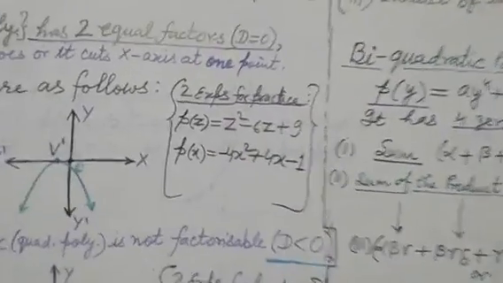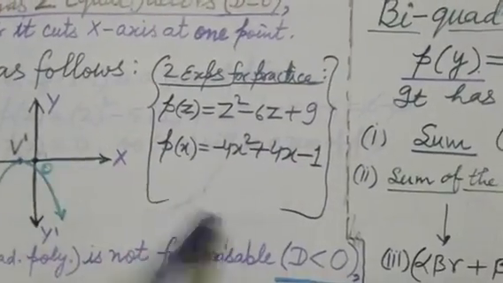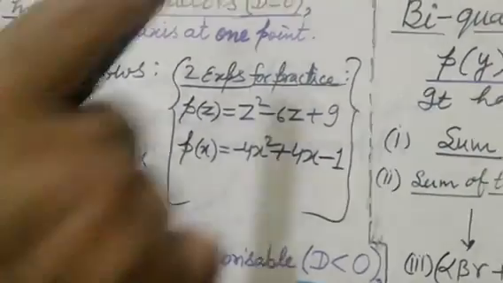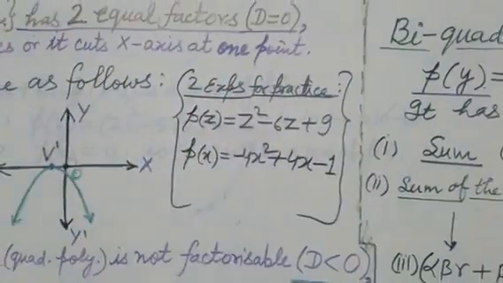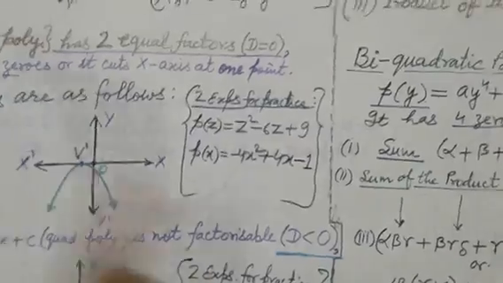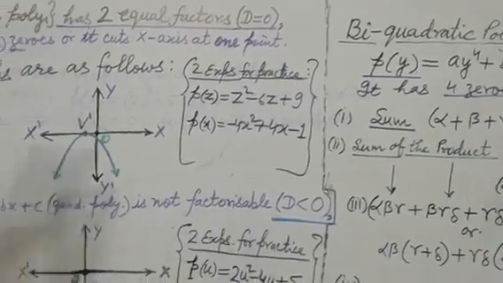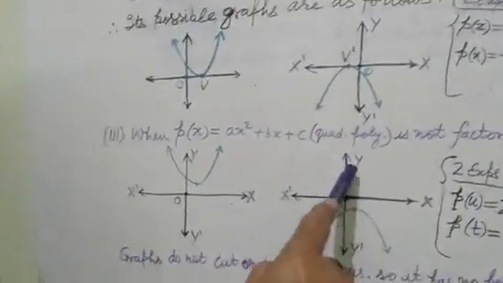Now, two examples are also there for the verification of this case. When you find the value of discriminant D, it comes 0 in both the examples. So you can try it and verify it. Now case 3, where p(x), a quadratic polynomial, is not factorizable.